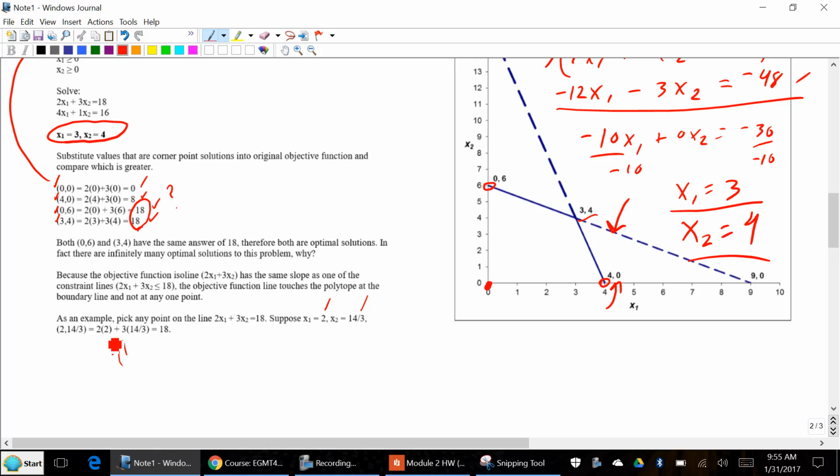Here you get 4. Here you get 14. 14 plus 4 is equal to 18. So do you see how the optimal solution now has many more solutions than just one?